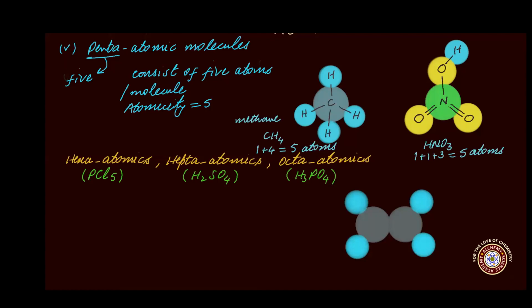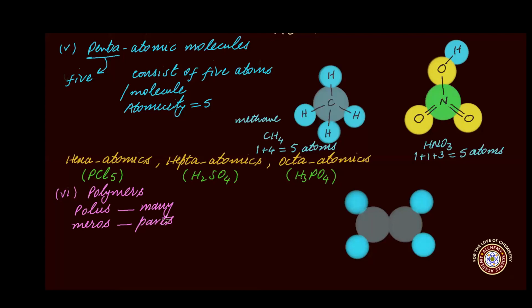Now there are certain molecules which have a very large number of atoms in them, and those molecules are called macromolecules or polymers. The word polymer has been derived from 2 Greek words: polus, means many, and meros means parts.